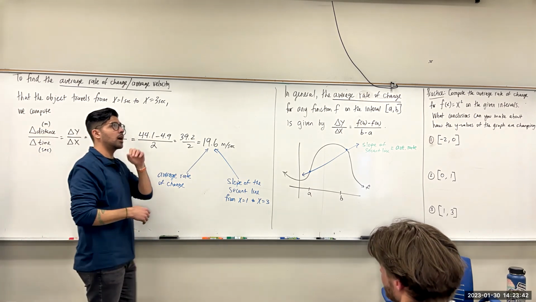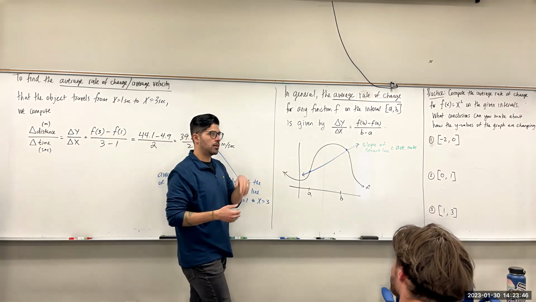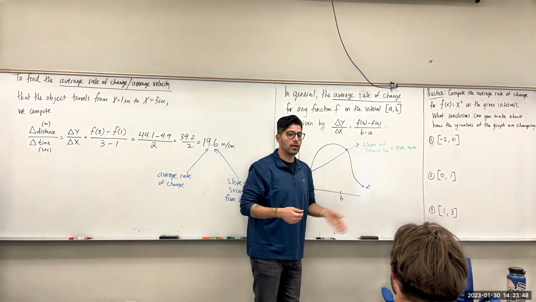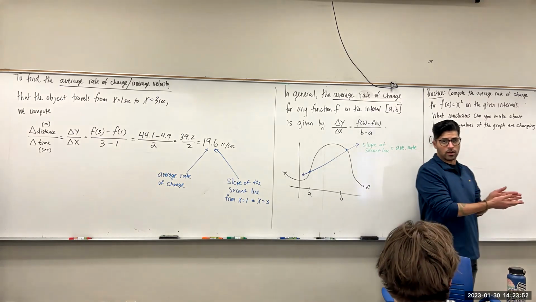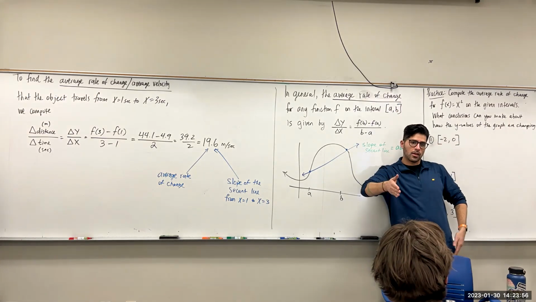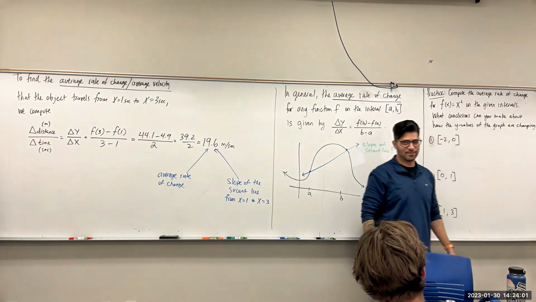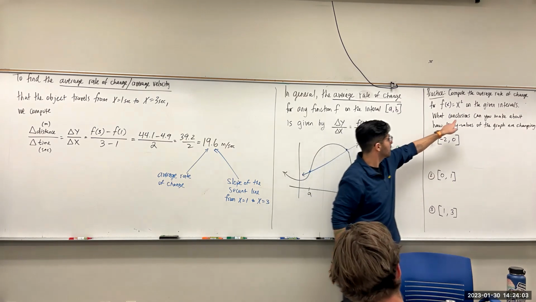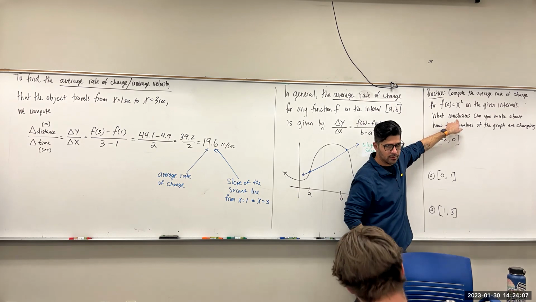If I'm on a road trip and I'm asking, on average, how fast was I going from the first hour that I was driving to the third hour, you don't look at the hours in between, you just look at the starting hour and the ending hour. And that's why the second question is talking more about what you're asking.